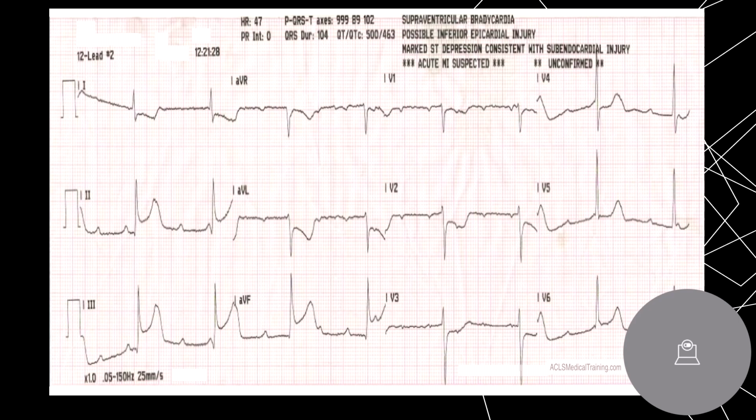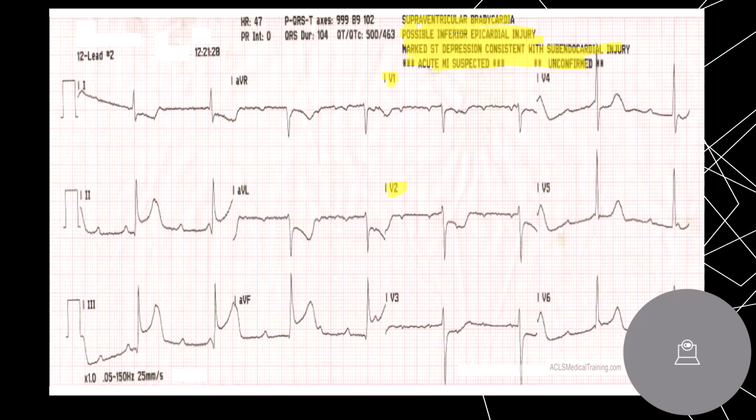Okay, here we go. Let's look at this one. Again, slow, which usually indicates a problem with the right coronary artery. So look at V1, look at V2. And by the way, reading this stuff is horrendously inaccurate. There are some things that are very accurate, but most of it is horrendously inaccurate.